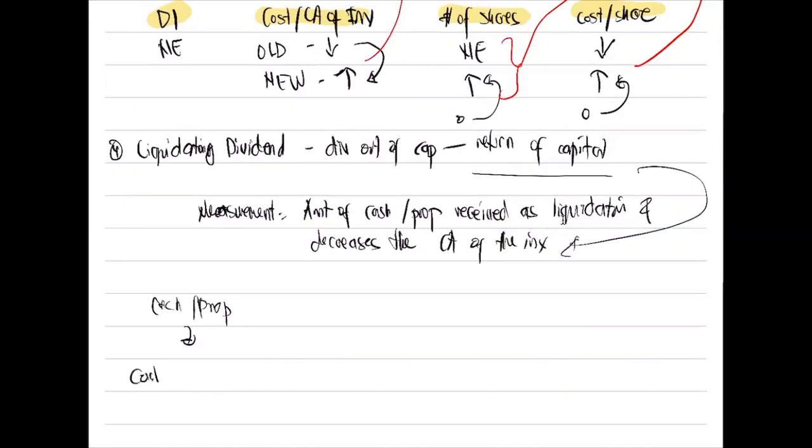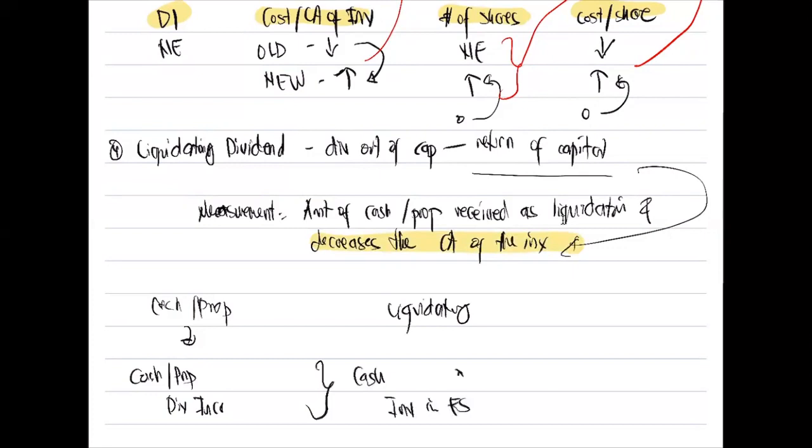We debit cash or property, we credit dividend income. Right? That's our entry. But for a liquidating dividend, it is considered a return of capital. Therefore, it should decrease the carrying amount of the investment. So in case you receive cash or property as liquidation, you debit cash, you credit your investment in equity securities. So here, there will now be a decrease in the carrying amount of your investment.